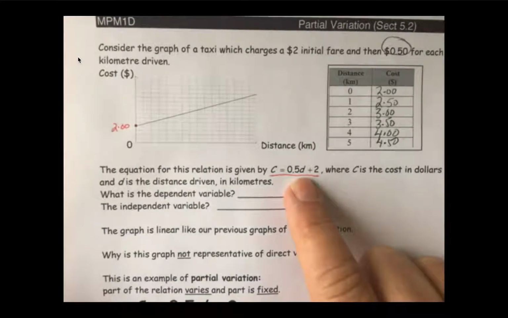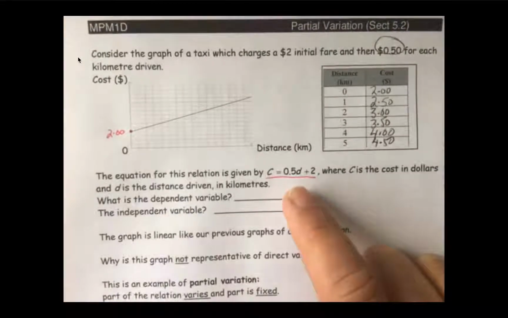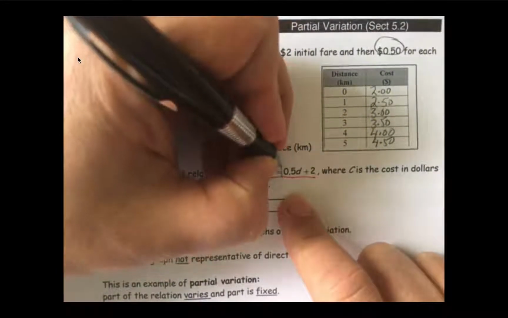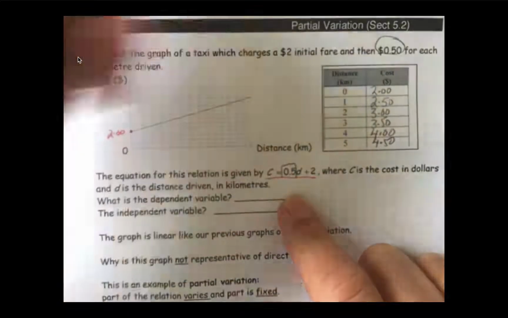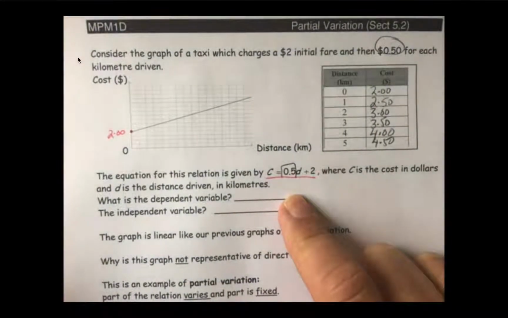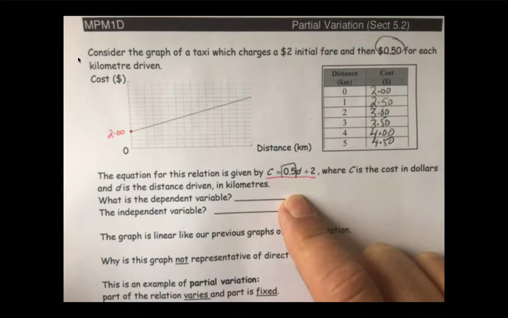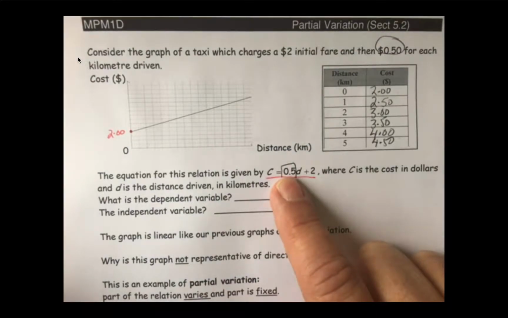And we're multiplying the D by 0.5, and that's because it's 50 cents per kilometer. Some number of somethings per something else. 0.5 is the number. The something is dollars, the cost, per kilometer, the distance.